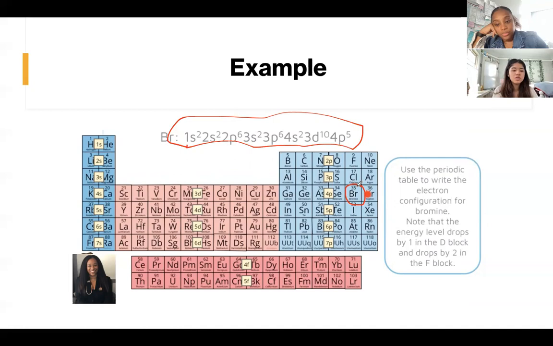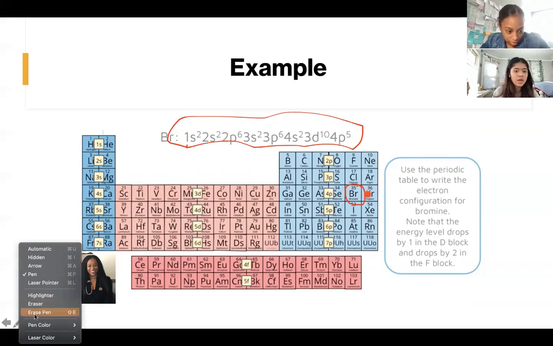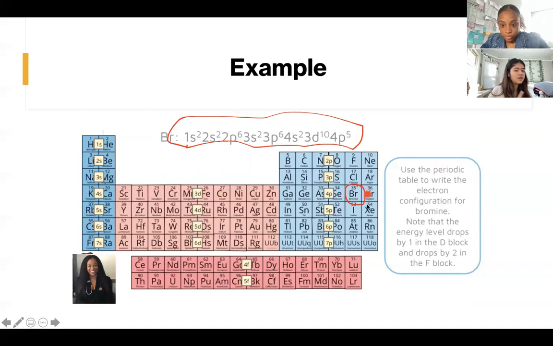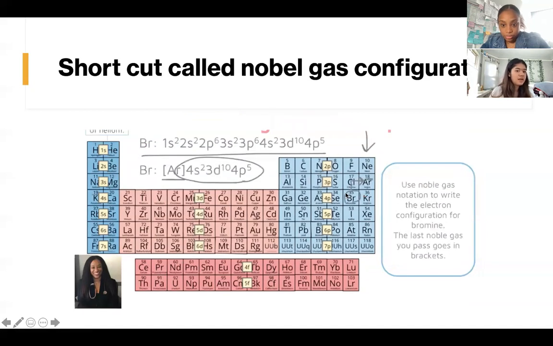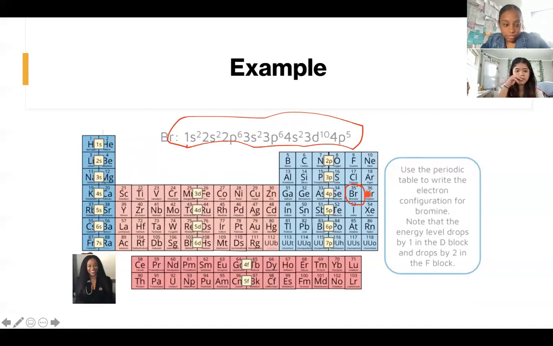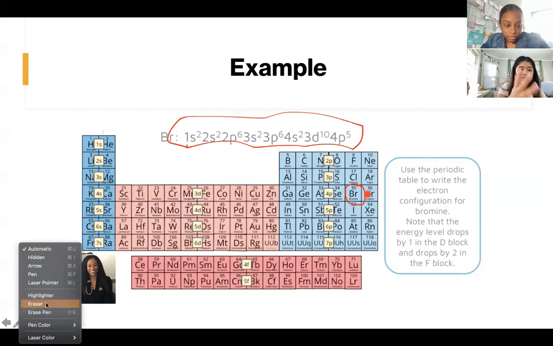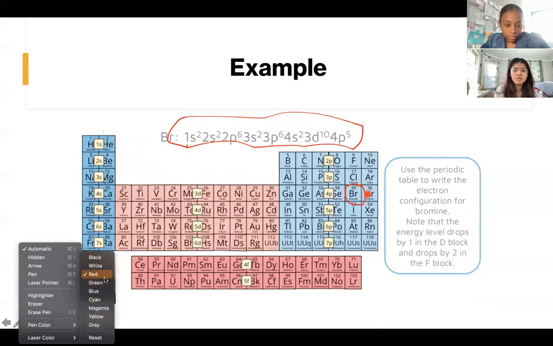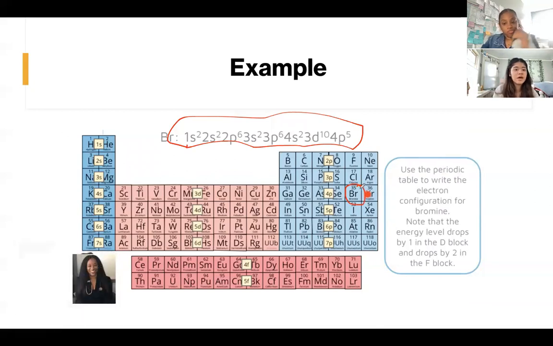So 1s2 would be hydrogen and helium, because it's the first place, and s equals 2, the s block. So that would be the first part.